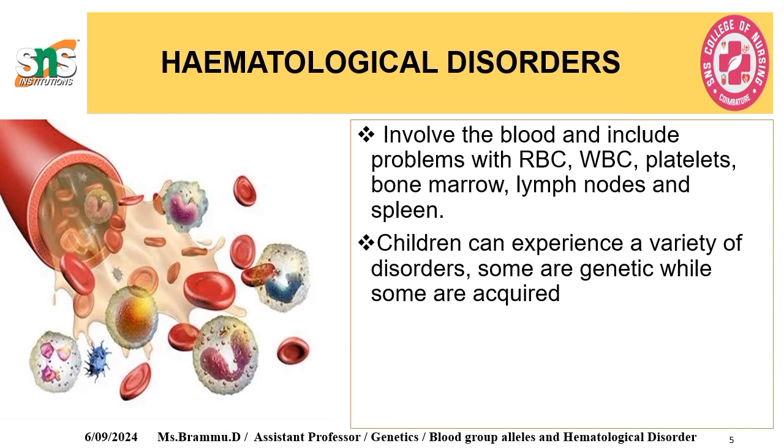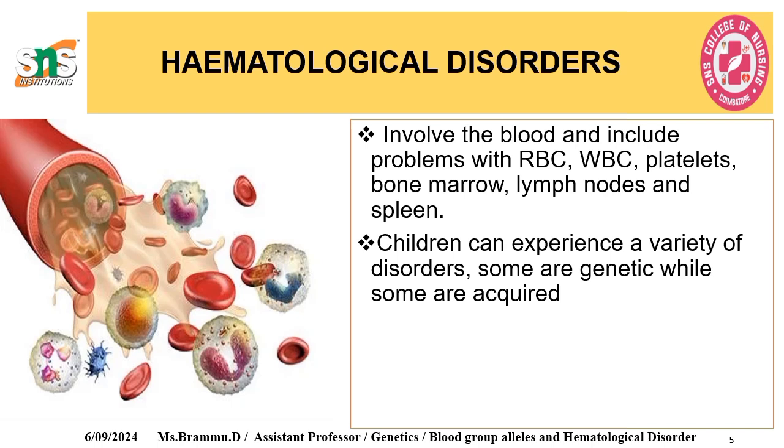So the introductory part of hematological disorder is that it mostly involves the blood and the problems with the cells such as RBCs, WBCs, platelets, bone marrow, lymph nodes, or spleen.